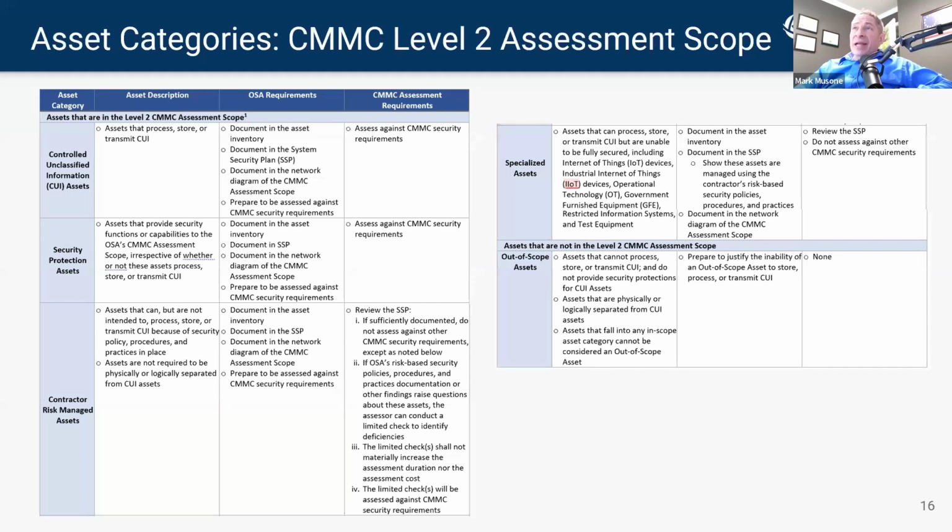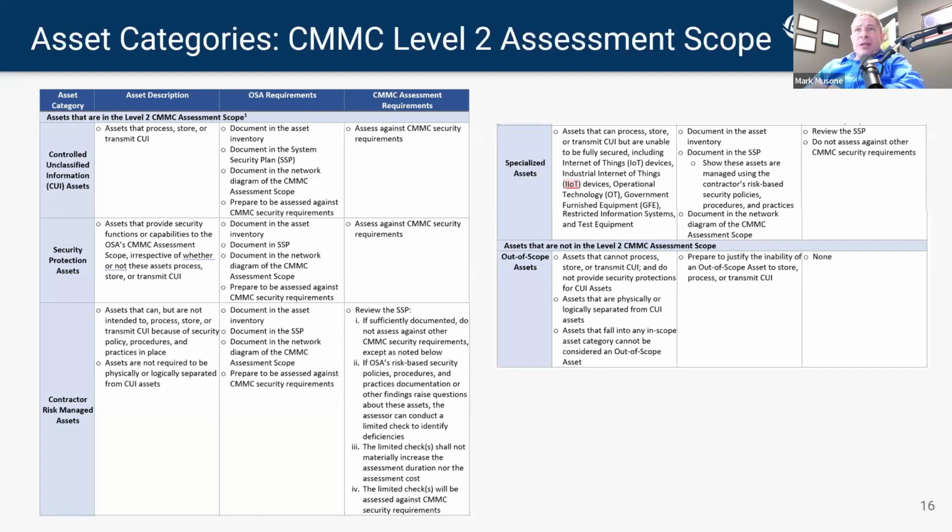Regardless of whether it's handling CUI or not, if it's protecting these CUI assets, it needs to be documented in the asset inventory. It needs to be documented in the SSP. It needs to be documented in the network diagram, and it needs to be prepared to be assessed against all of the CMMC security requirements.